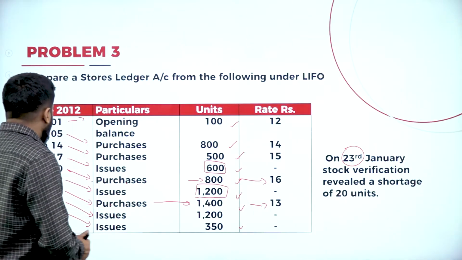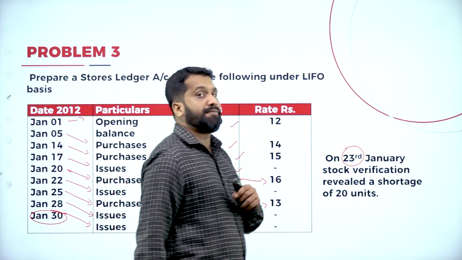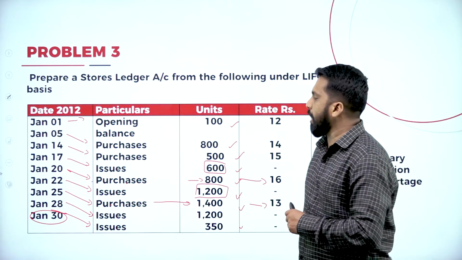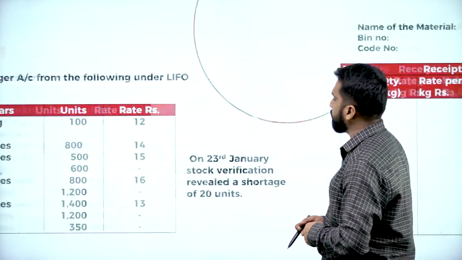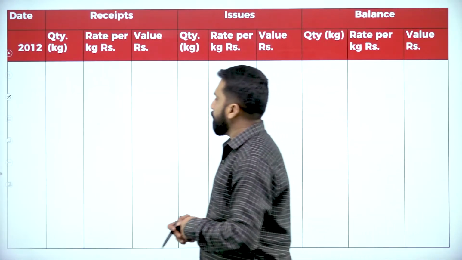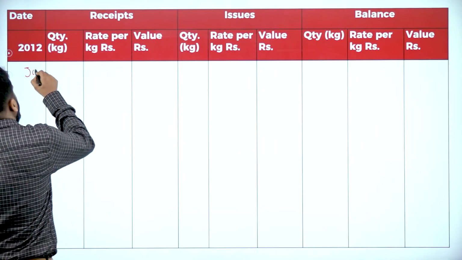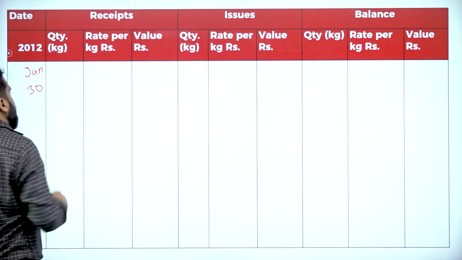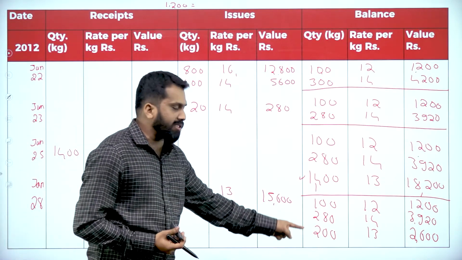Next, last one, January 30th, there is an issue of 350 units. Now, issue how much? 350. We'll do that. So, what is the date? January 30th. I'll go to the last slide. January 30th, how much do we need? 350. So, you have 3 boxes here.